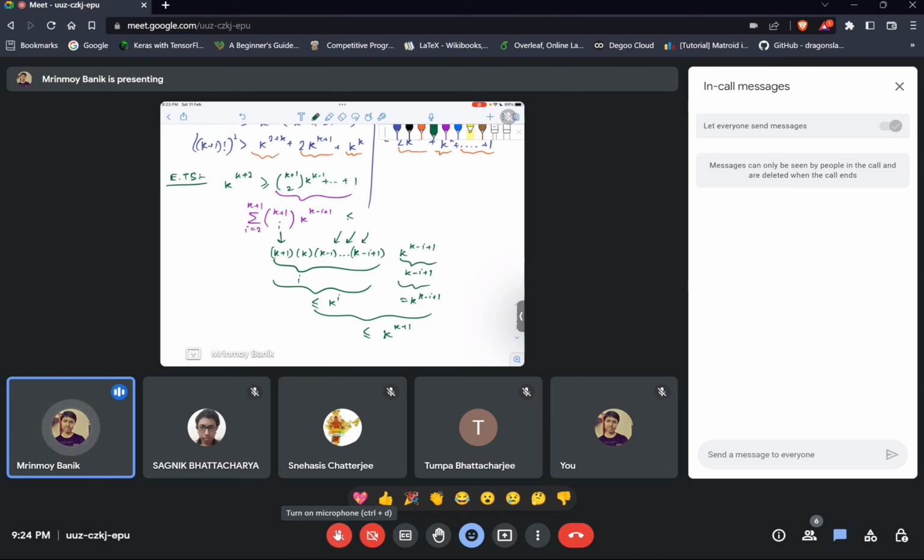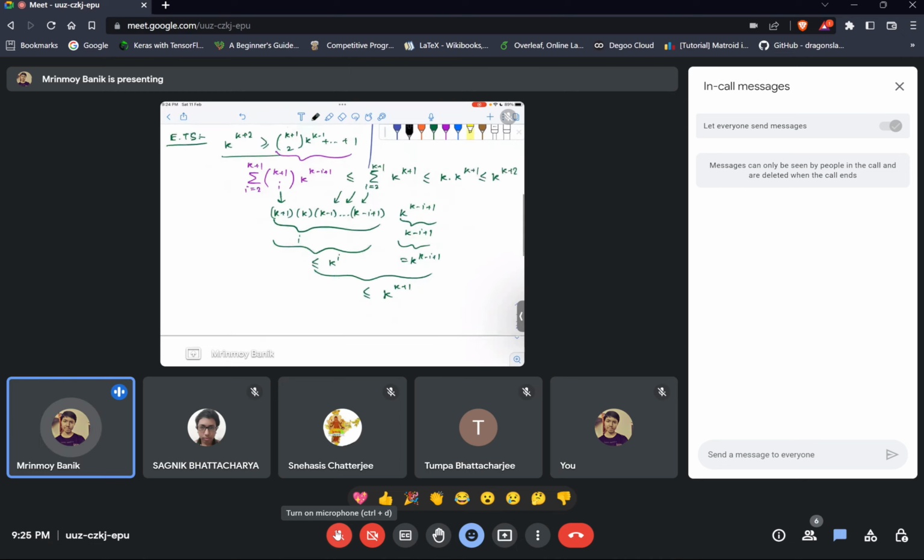So this is less than or equal to the sum over i from 2 to k plus 1, each of them less than k power k plus 1. From 2 to k plus 1 there are k minus 1 many things. So we can roughly think of it as k many things, and k many things are larger than k minus 1 many things. So it's k power k plus 2. So we can show this inequality like this, and that should be enough for proving the induction.